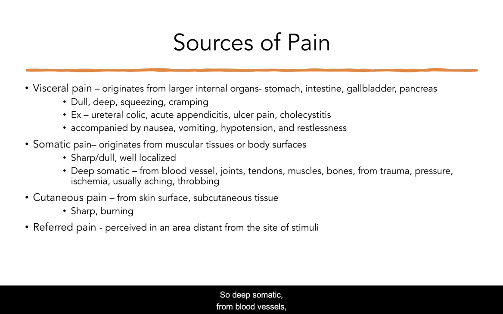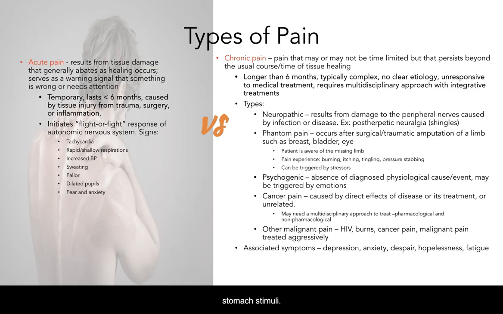So deep somatic pain from blood vessels, joints, tendons, muscles, bones, from trauma, pressure, ischemia, where you don't have enough circulation, is usually aching and throbbing. For example, pressure injuries are also somatic pain. Then you have cutaneous pain from skin surfaces or subcutaneous tissue. This is sharp and burning pain. Finally, we have referred pain. It's perceived in an area distant from the site of the stimuli.